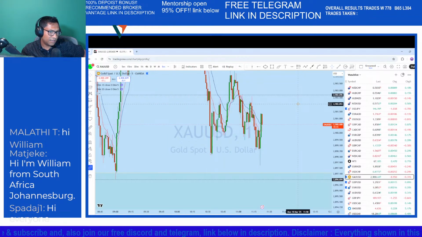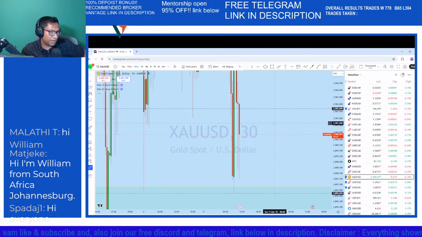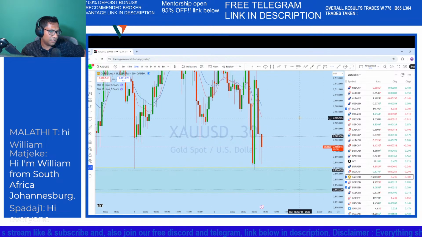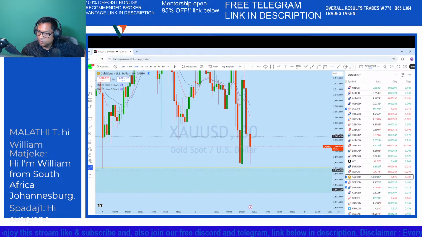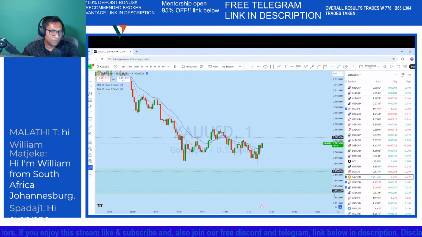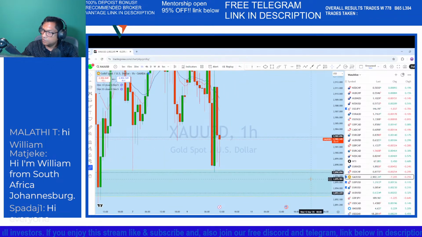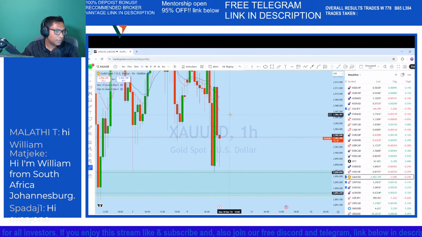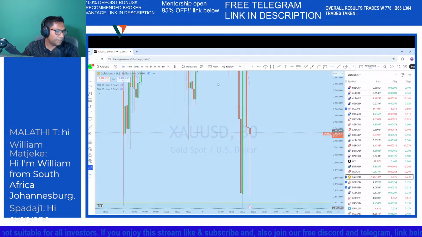the price is trying to break below. This is the 30 minute candlestick pattern here as well. It might retest this resistance and could drop back again to the support level.